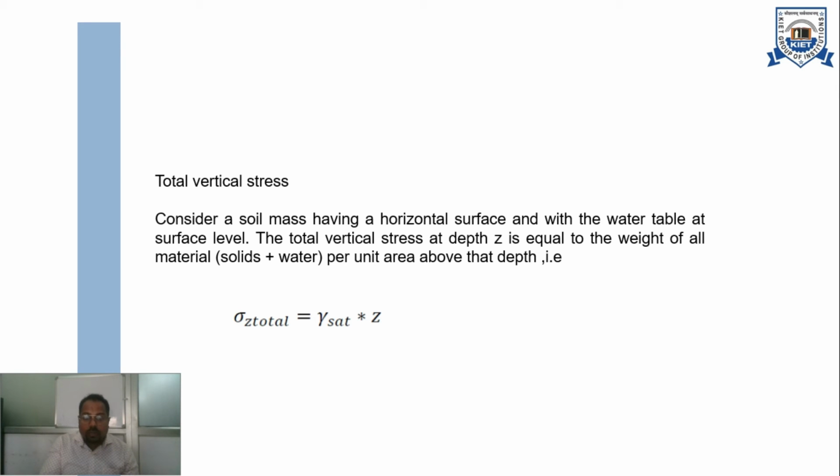The total vertical stress at depth z is equal to the weight of all material, solid and water, per unit area above that depth. We can calculate sigma z total as gamma saturated into z, where z is the depth and gamma saturated is the saturated unit weight of the soil.